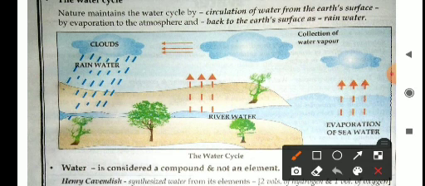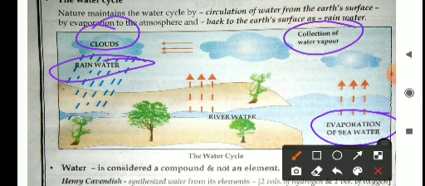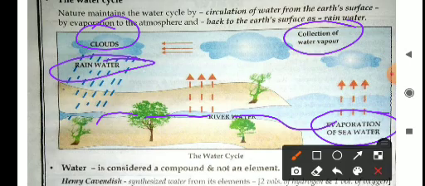The sea water evaporates and collects in the form of clouds, and these clouds move to other places and start raining, and the water falls on the earth again, goes to the river, and from the river again reaches the sea. In this form the water circulates from sea level to water vapor, and from water vapor again into water and into the ocean. This whole process of circulation of water is known as the water cycle.